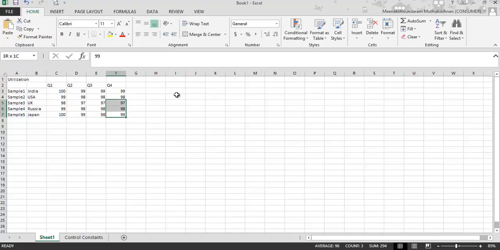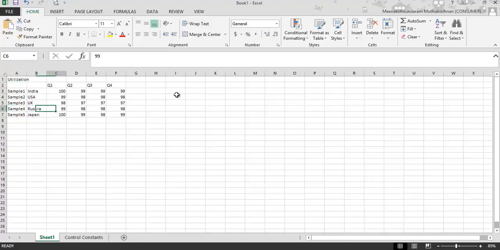Let us assume that this is the data we collected out of 100 people. This is just a percentage of resource utilization. By just looking at the data, you can understand that all the countries are consistent in terms of utilization.